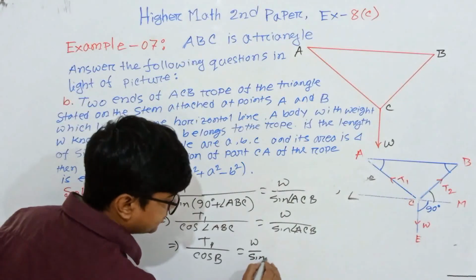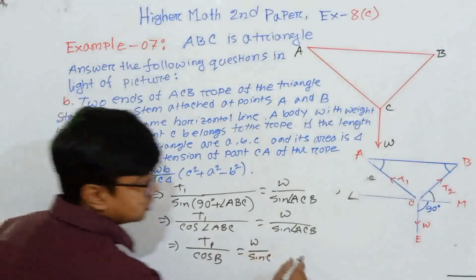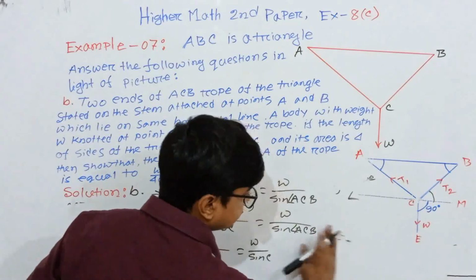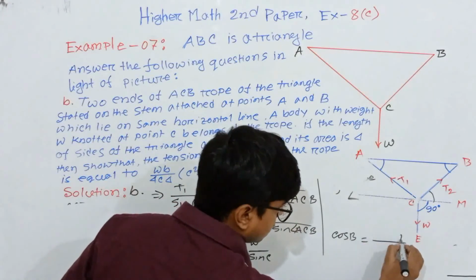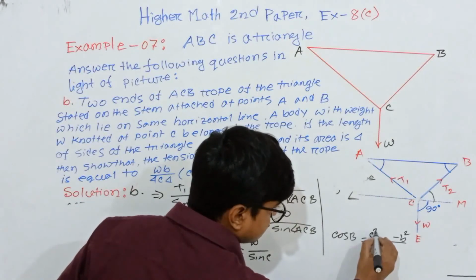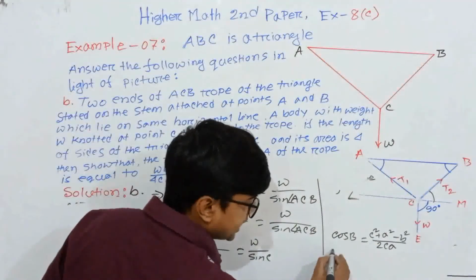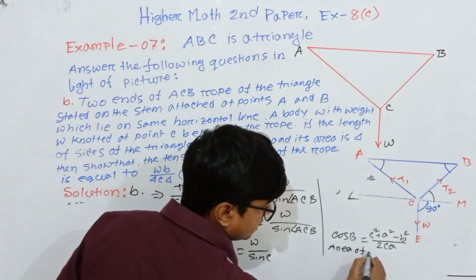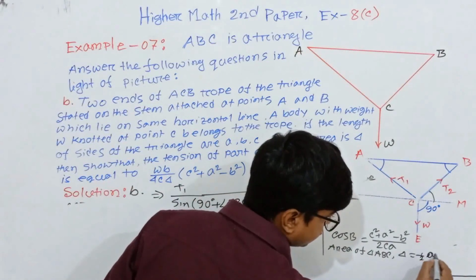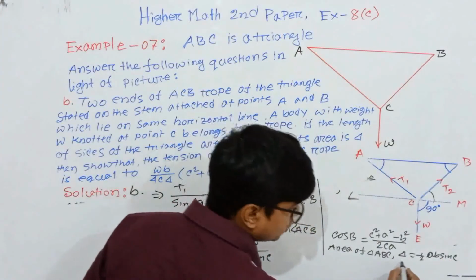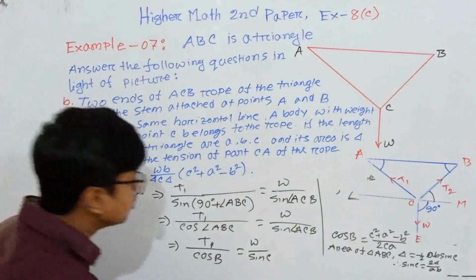Sine ACB means sine C, and we all know the formula of cos B equals (c square plus a square minus b square) by 2ca, and the area of triangle ABC, del, equals 1 by 2 AB sin C. That means sin C equals 2 del by AB.